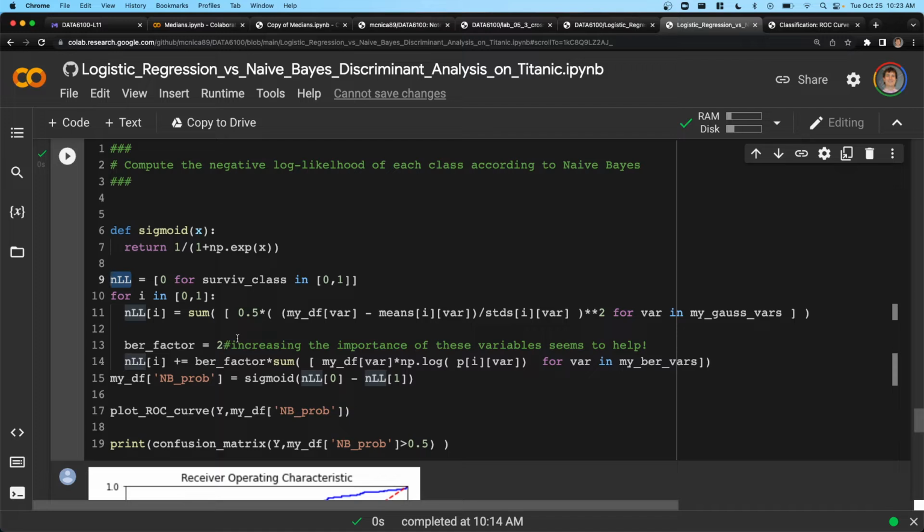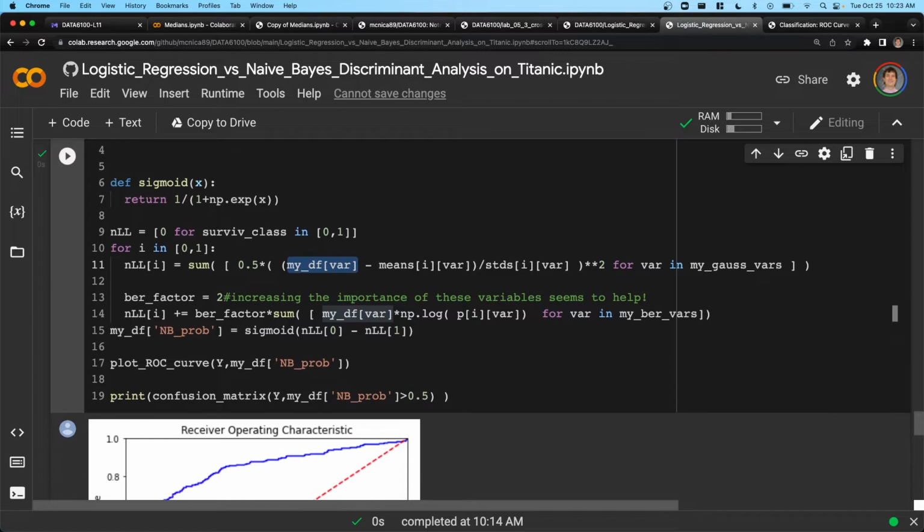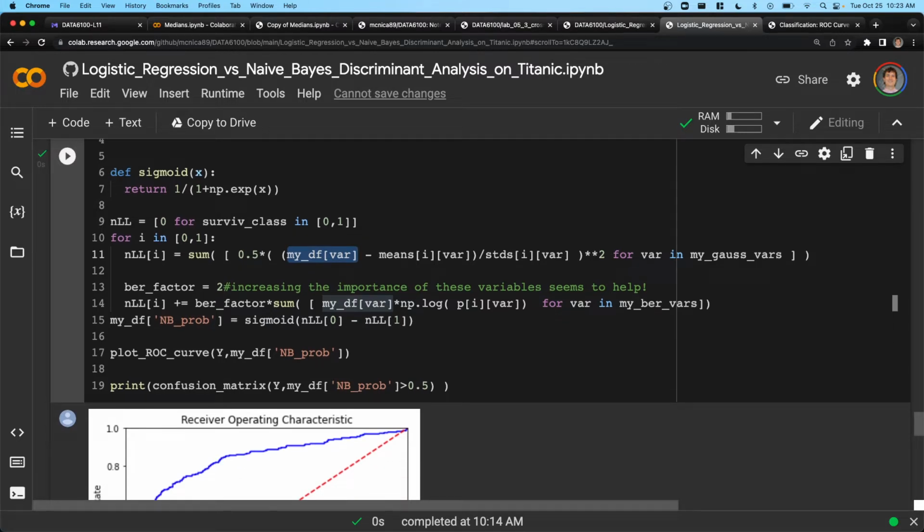Give me 1 second to read this code and figure out what's going on. Okay, all right. So what we're doing is we're taking the original data set and we're calculating, at the same time, the probability or the negative log likelihood for both classes for every given point.